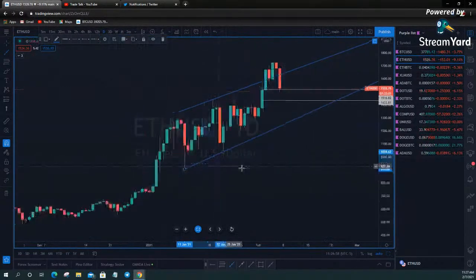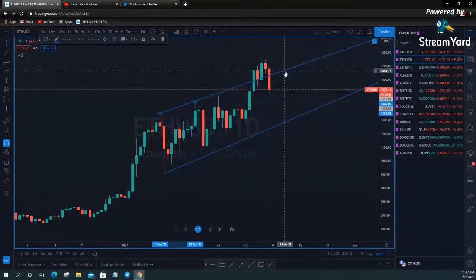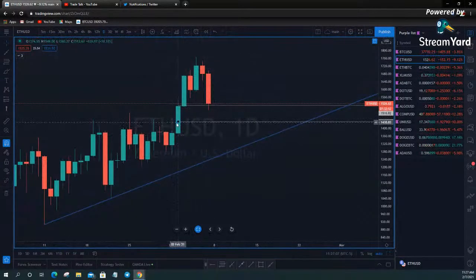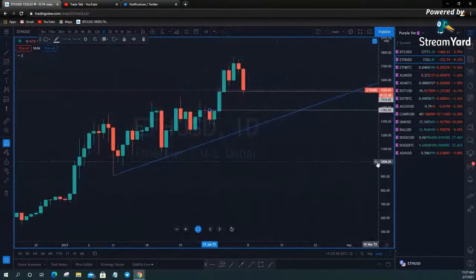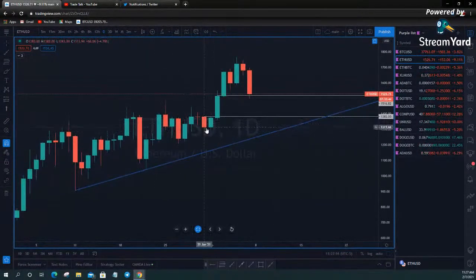You broke out, but you are back in that area, so the trend line is done. The risk is you could come all the way down to 1382.00. That is your last bearish daily candle before you traded up.